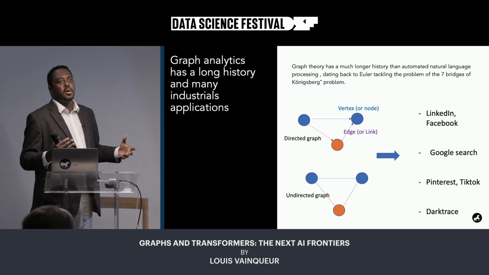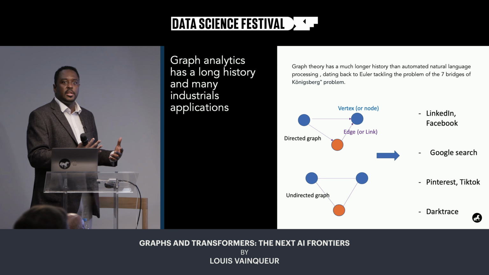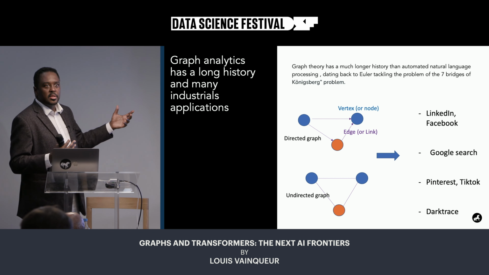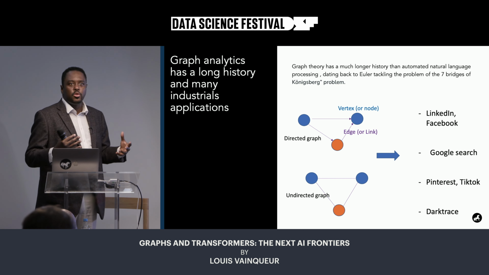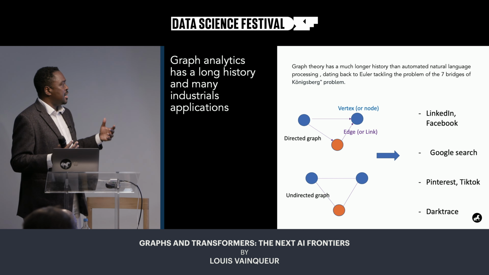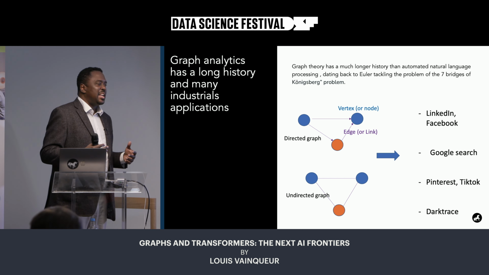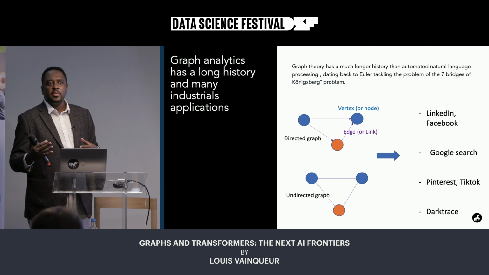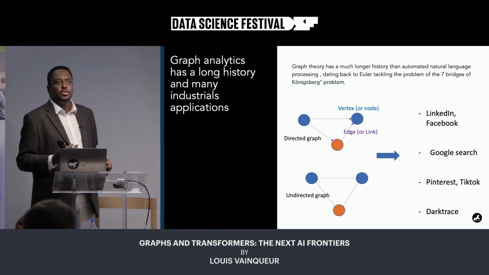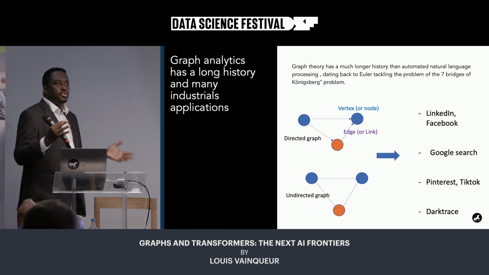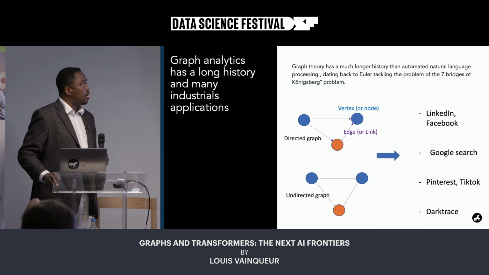LinkedIn and Facebook were basically based on the principle of homophily, which is coming from social network analytics. Pinterest is also, like TikTok has now become, a network of interest. And then Darktrace is basically a company in the anti-fraud space that is, among other tools, using graph analytics to detect intruders. So it's a huge market, huge companies, and they are quite active.